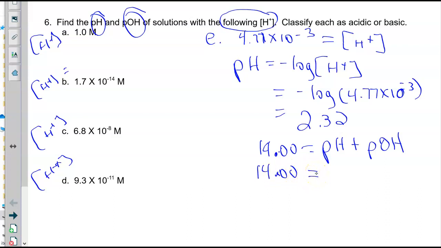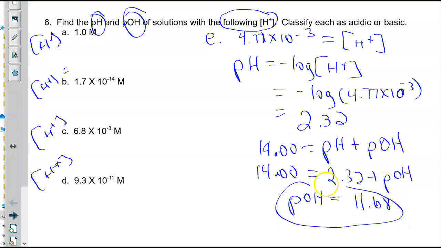This gets you in the habit of knowing what it is. 14.00 equals 2.32 plus pOH. To solve for pOH, I take 14 minus 2.32, because it's being added. So pOH is equal to 11.68. You're going to circle this answer, circle your pH answer, and then tell me if it's acidic or basic, and then why.